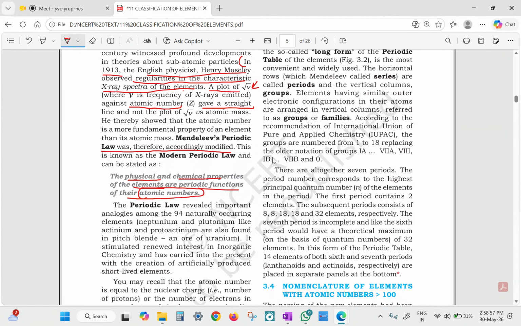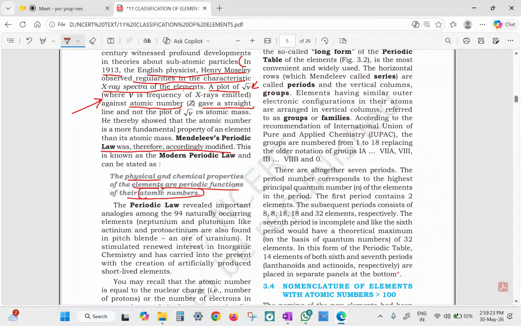Yes. Previously, up to Mendeleev's classification, the elements were arranged in increasing order of atomic mass. But for the first time, because of this plot, they thought that atomic number is a better idea, and they started doing that, and they saw that the arrangement became very smooth. The arrangement was becoming very, very clear.